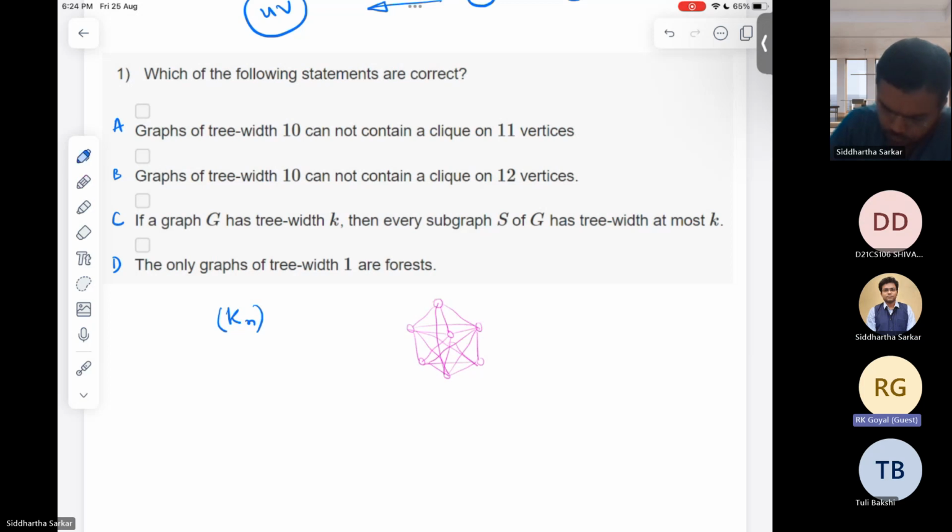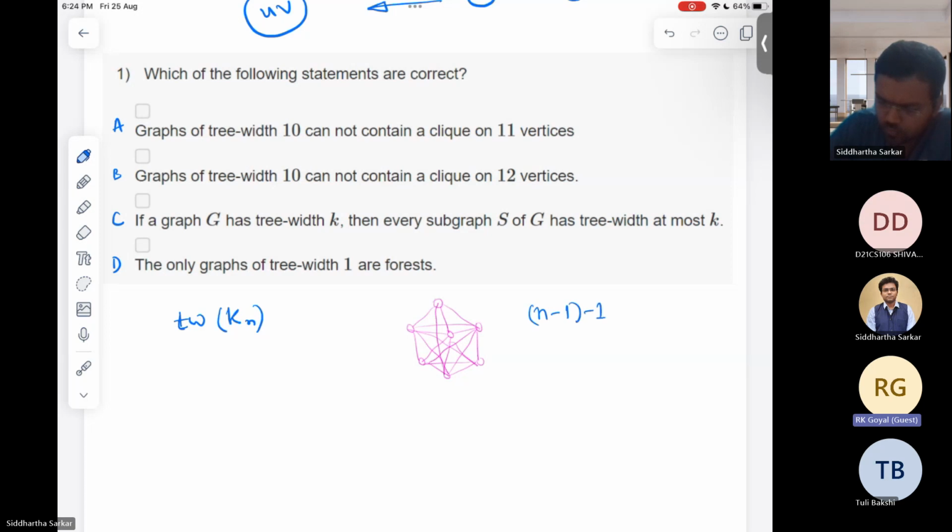If we convert such a graph into a tree, then every bag would contain n minus 1 elements. So the value of the tree width will come out to be n minus 1, that is n minus 2.